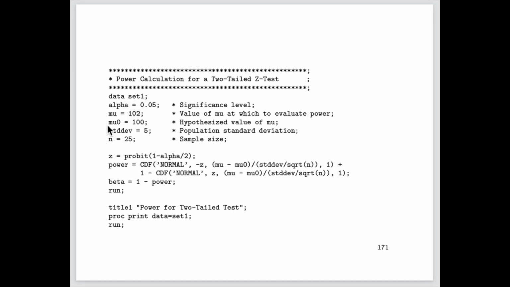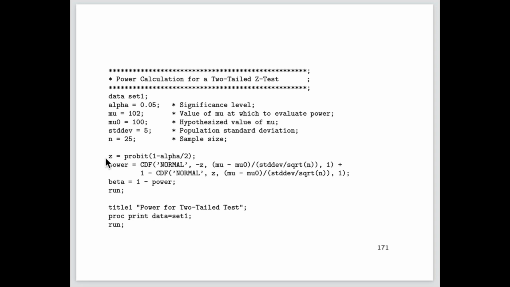Then I have the variable name mu0 for my hypothesized value of mu, and that is being set to 100. Then I've got a variable called std dev, for standard deviation, obviously. And that represents my population standard deviation, which in this example is 5. And then I'm setting the sample size to 25 using that variable name.